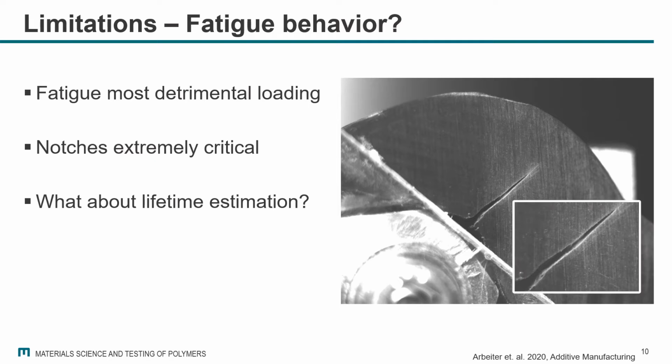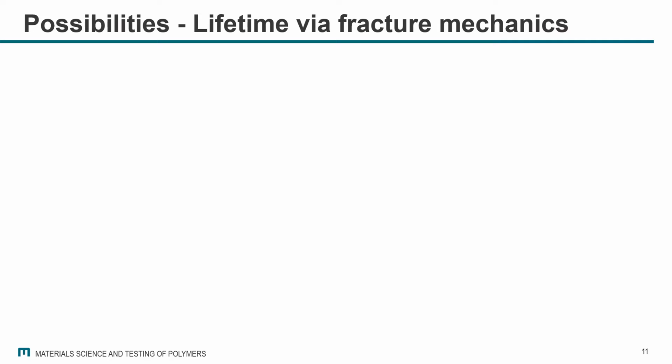So the question is, of course, if we want to use 3D printed polymeric parts in actual engineering applications, what about our lifetime estimation? Can we estimate a lifetime so we can ensure a safe application of our components? And for the determination of lifetime, we have different possibilities.